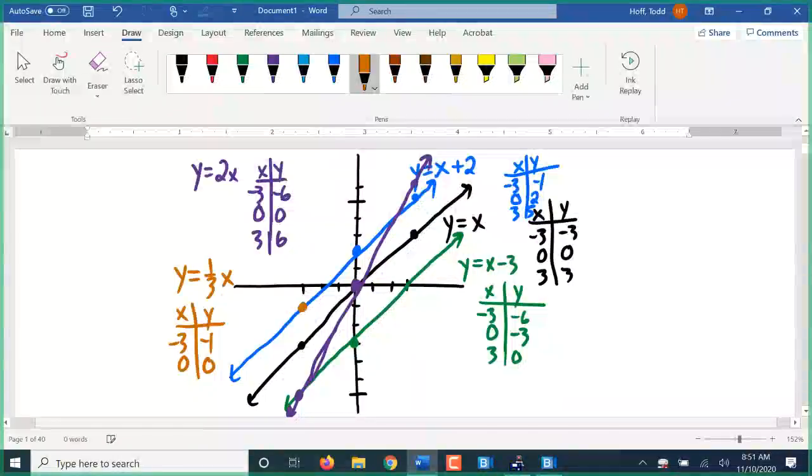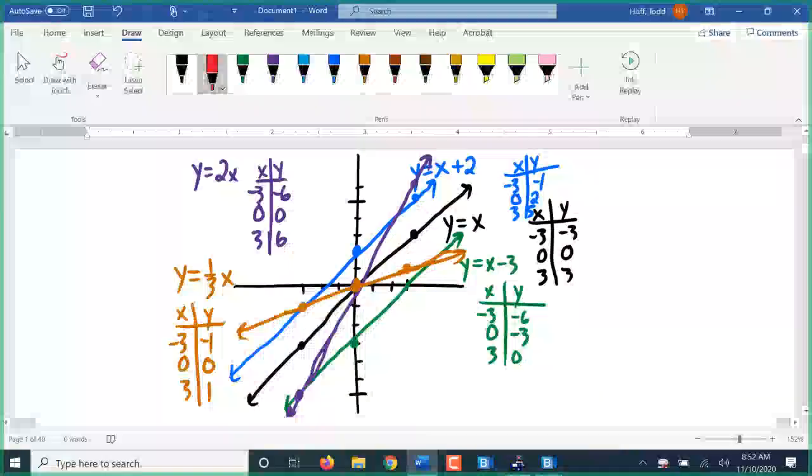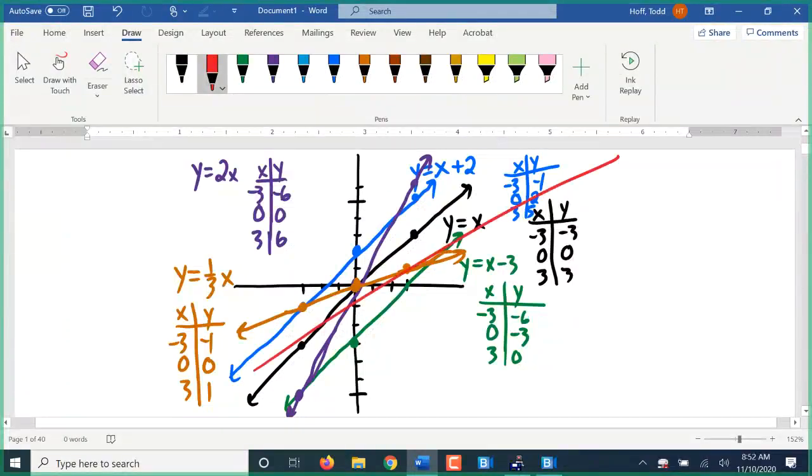If x were 0, 1/3 times 0 is just 0. If x were +3, 1/3 times 3 is just 1. So we've got a flatter line across the graph. Now, the only thing we don't have so far, all these lines as we go left to right go up.